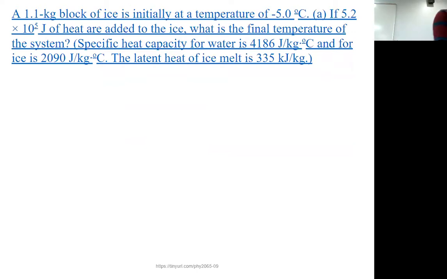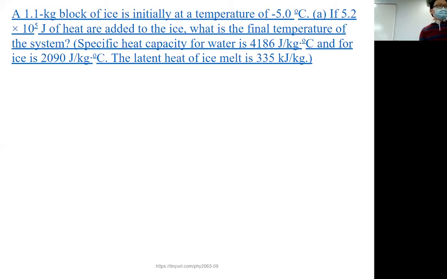And we were about to look at this problem last time. This one says you have a 1.1 kilogram block of ice initially at a temperature of -5 degrees Celsius. If 5.2 times 10 to the fifth joules of heat are added to the ice, what's the final temperature of the system?